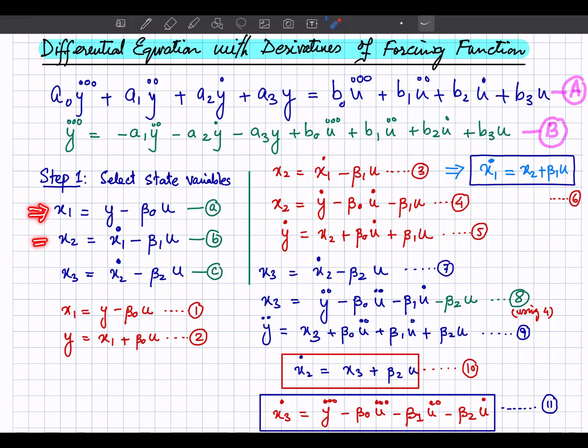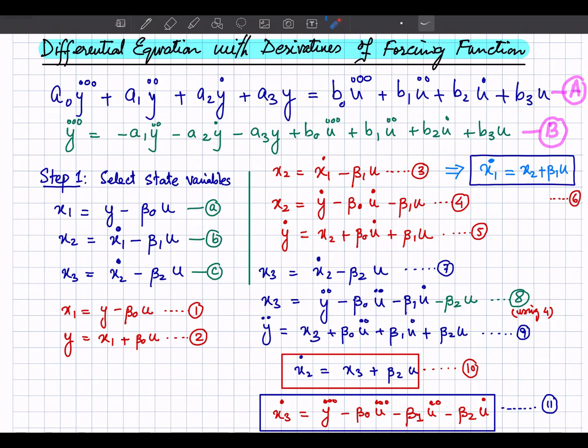The second state variable, that is x2, is defined as x1 dot minus beta 1 into u, and the third state variable is, let's suppose, x3, that is defined as the derivative of the second state variable x2 minus beta 2 into u. So these are our three state variables. Why there are three state variables?